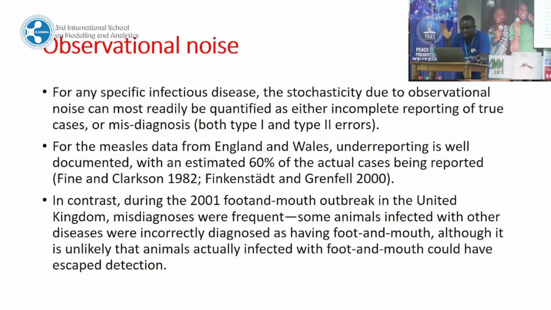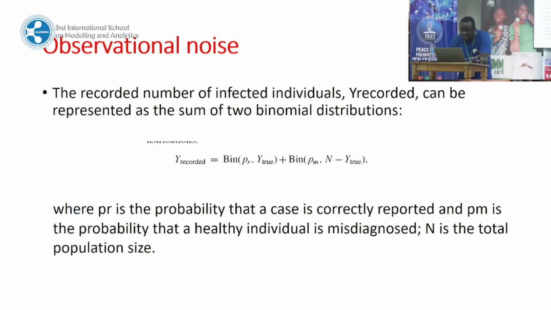In contrast, during the 2001 foot-and-mouth outbreak in the United Kingdom, misdiagnoses were frequent, as animals infected with other diseases were incorrectly diagnosed as having foot-and-mouth. Although it is unlikely that animals actually infected with foot-and-mouth would have escaped detection because of the strength of the diagnostic tool, there were misdiagnoses.